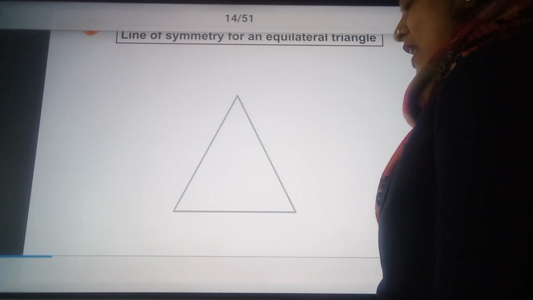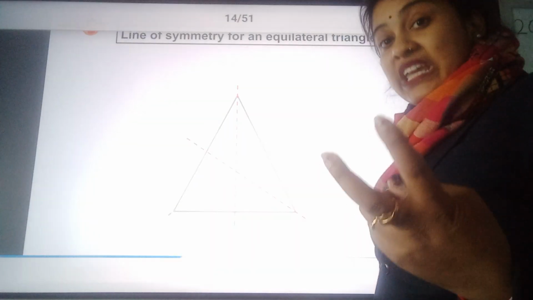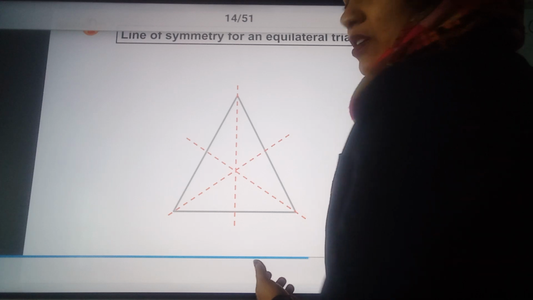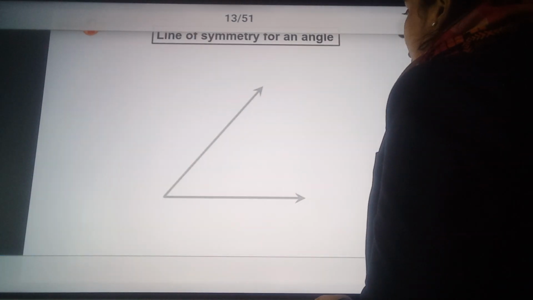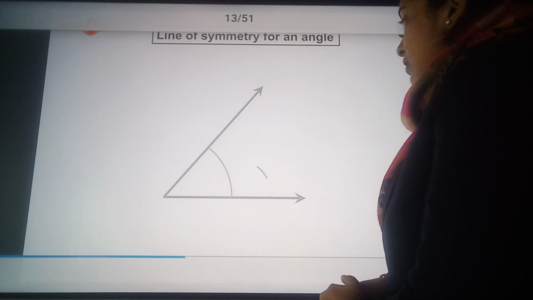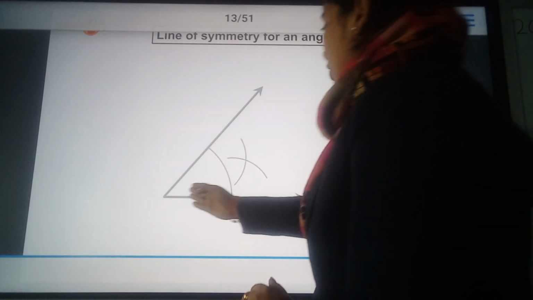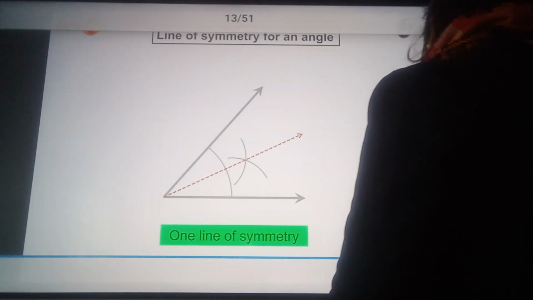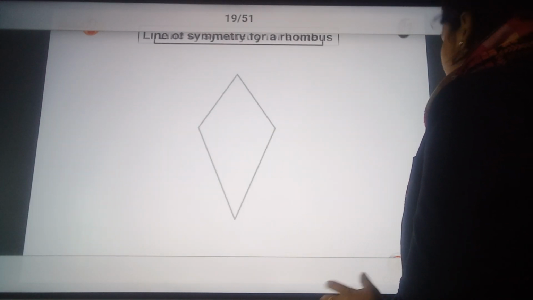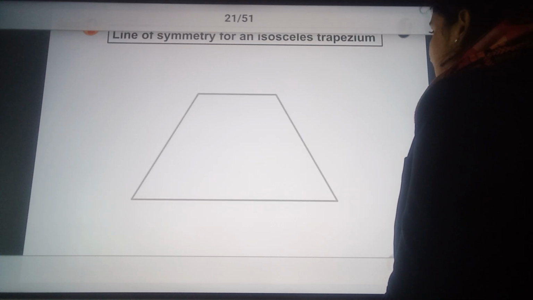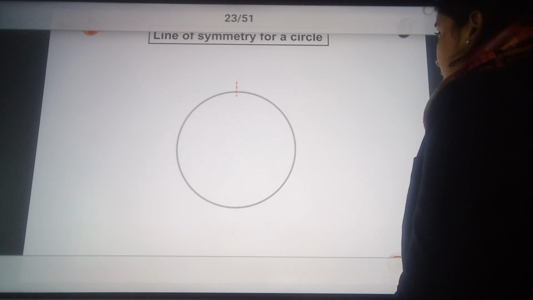For an equilateral triangle, which has 3 equal sides, we will have 3 lines of symmetry. For this angle, we can draw the bisector of the angle and get the line of symmetry. So here we have different figures with their respective lines of symmetry.